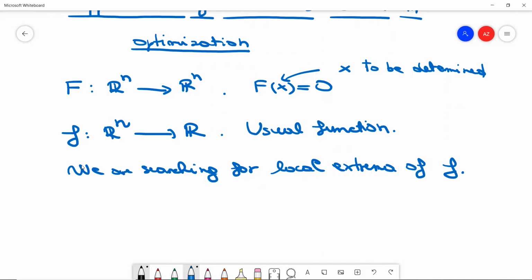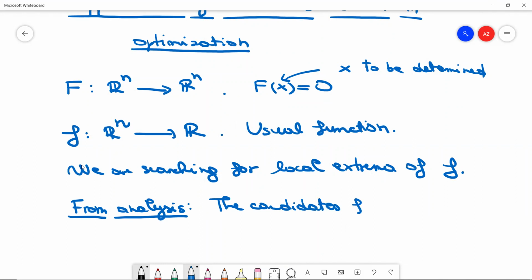Now, you remember from analysis, the candidates for extrema are exactly stationary points, so critical or stationary points.